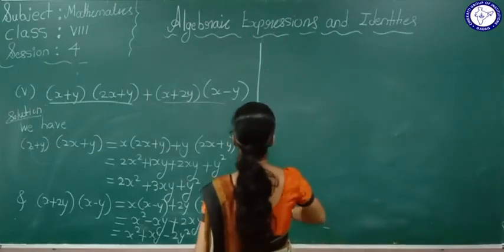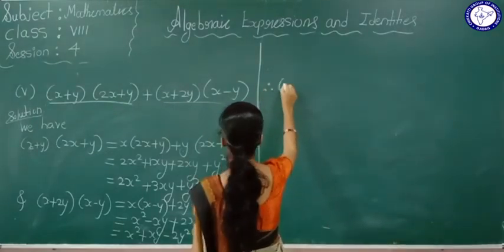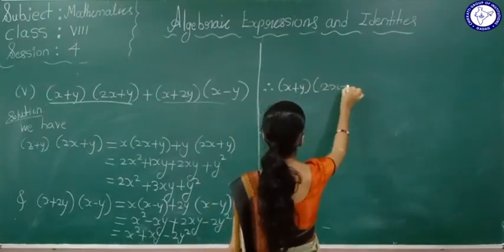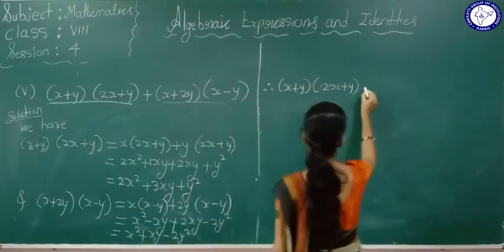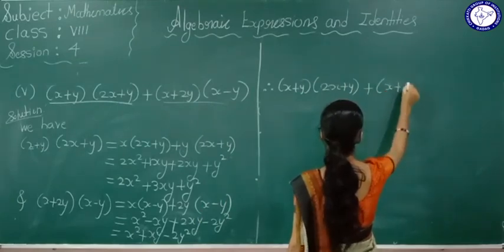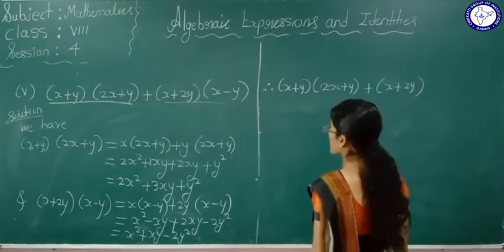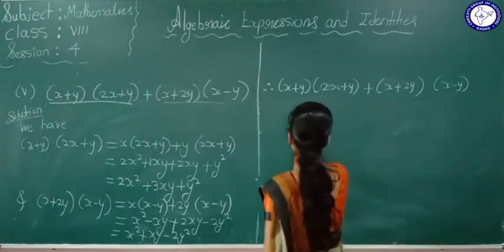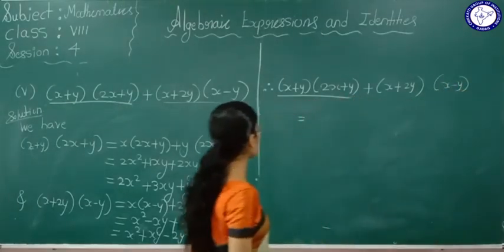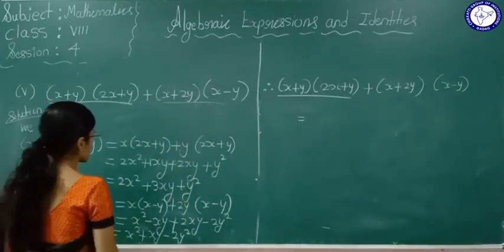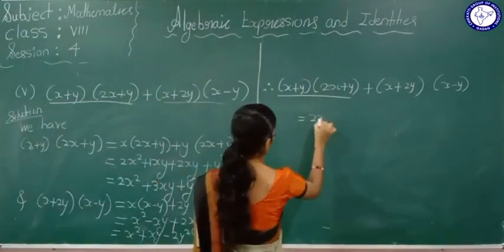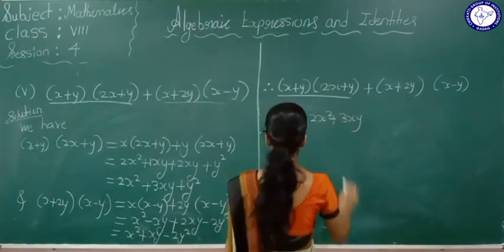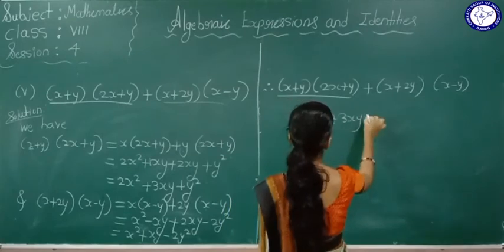Now see here, therefore x plus y multiplied by 2x plus y plus x plus 2y multiplied by x minus y. So when we simplify this much, what did we get? We got 2x square plus 3xy, okay, plus y square.